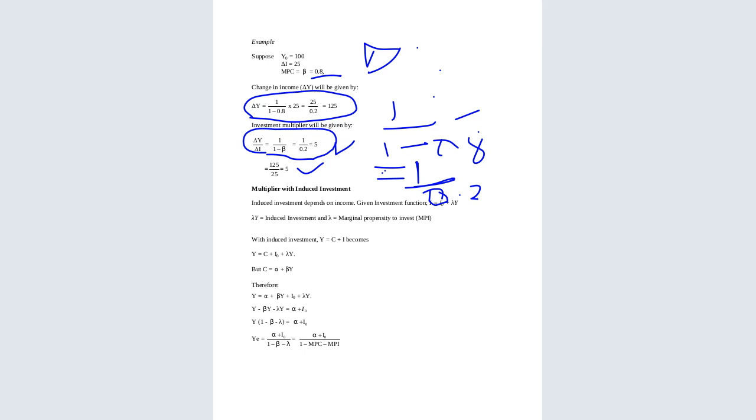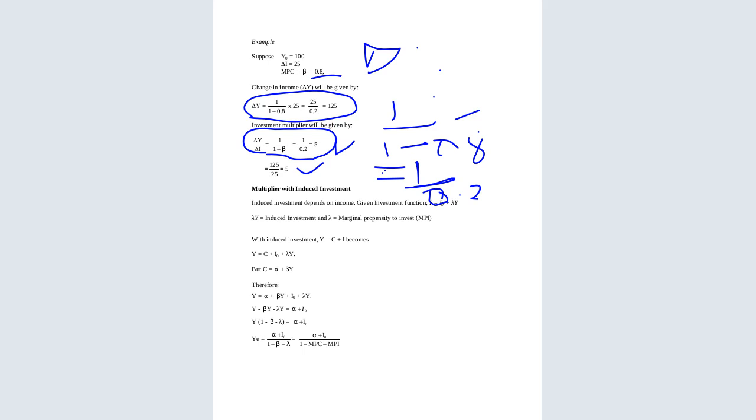Now, suppose now we extend this investment to include the induced investment. So remember we have used the multiplier that does not have induced investment. So we have only used the autonomous investment. In this case, the induced investment depends on income.